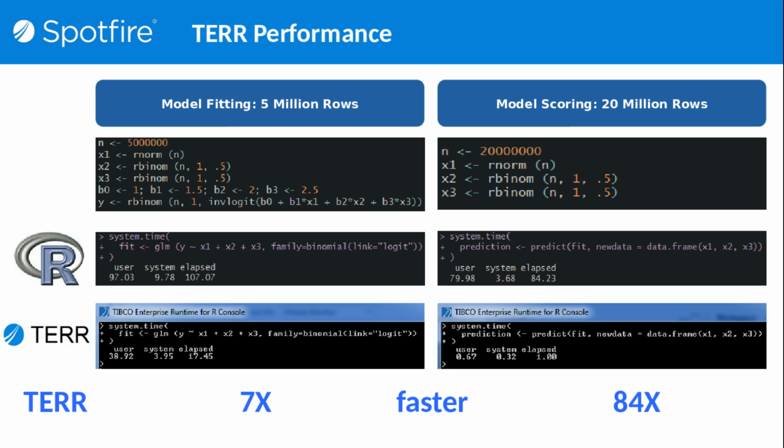So I've been saying that TERR can be faster than R. So this is an evaluation of an example. So here we're generating some data, some 500,000 points with binomial and normal distribution. And on the same machines, we're fitting a GLM model on R and TERR.